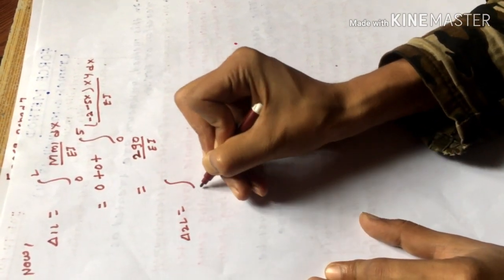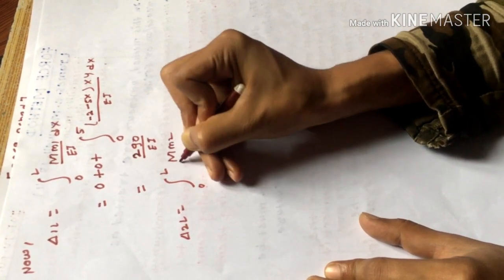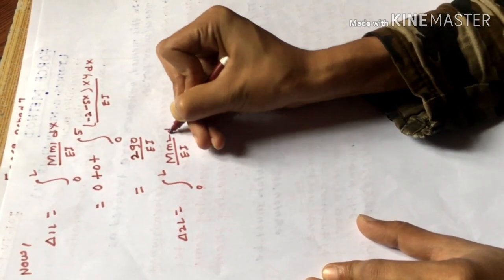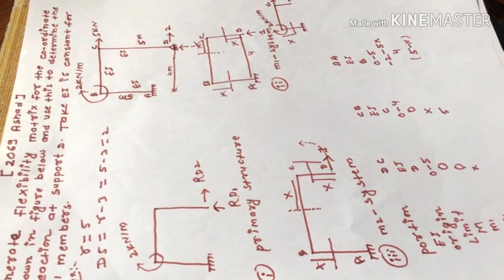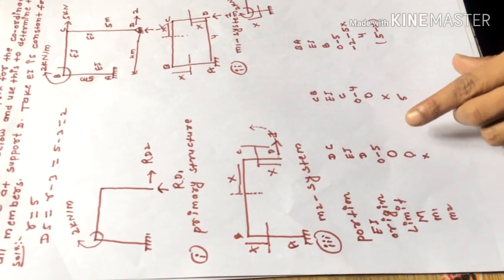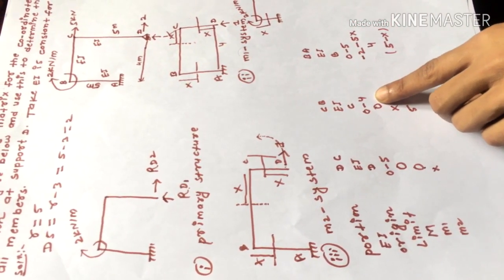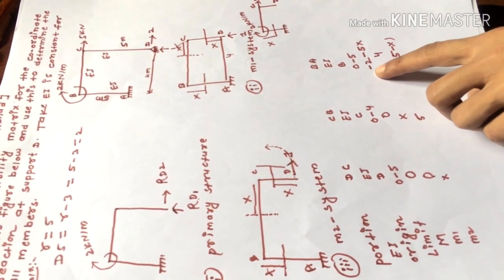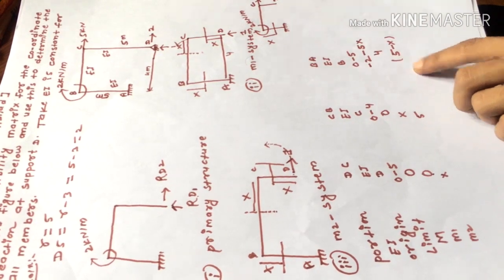In accordance with the formula, del 2L is equal to integral of m into m2 divided by EI dx. Here we can see for portion DC, m is 0, and for portion CB 0, and for portion BA m moment is -2 - 5x and m2 moment is 5 minus x.